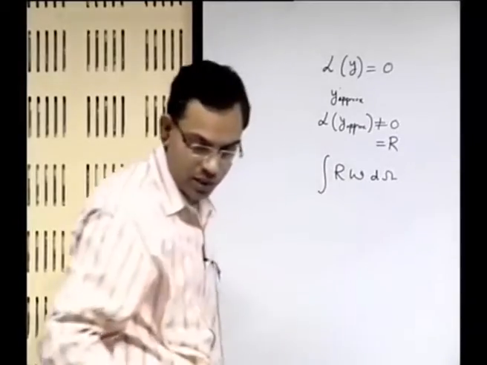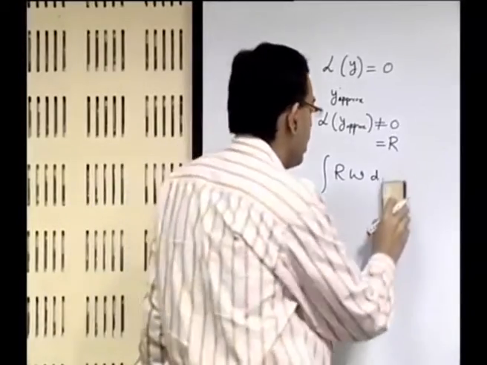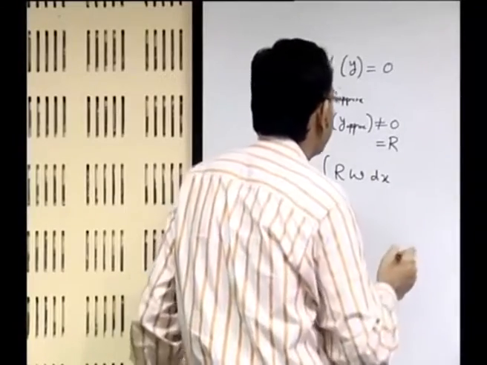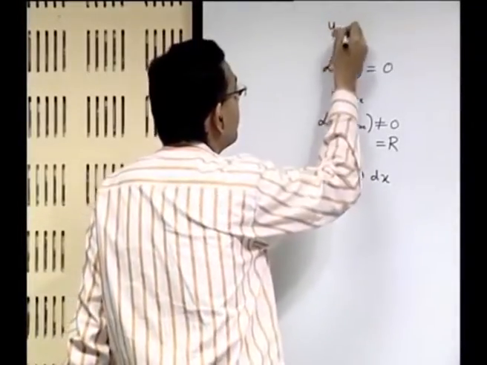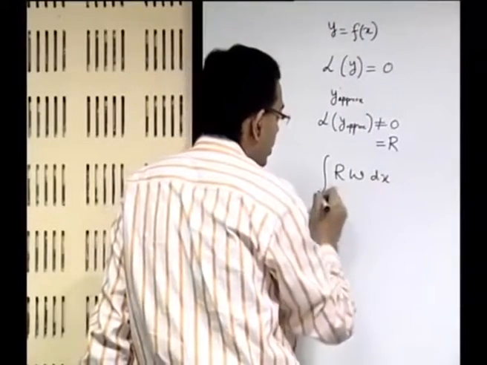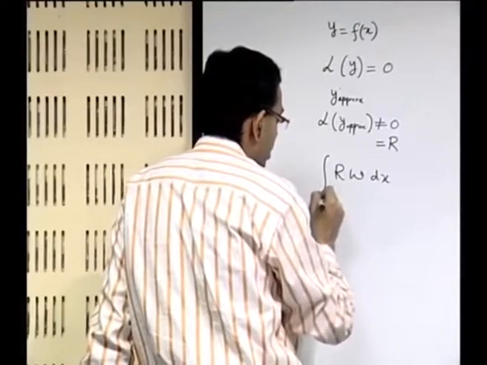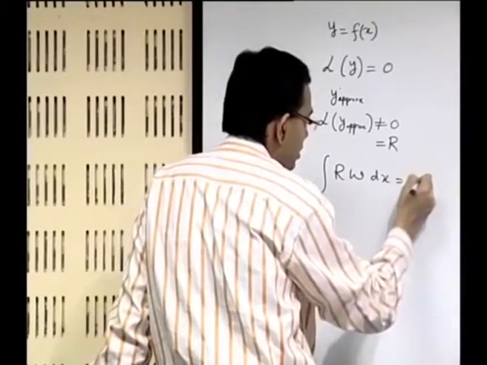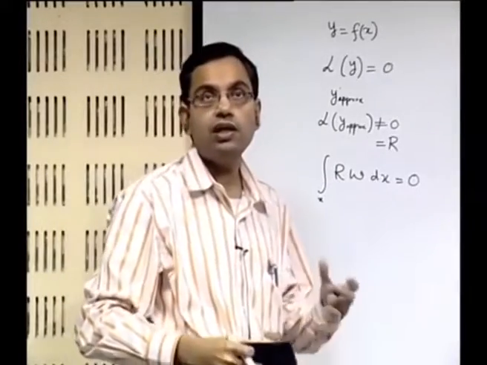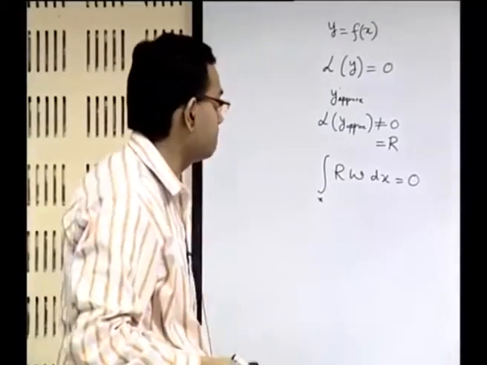So, here if it is a one dimensional problem, the domain is x where y is a function of x, integrated over the domain and this is set to 0. So, the error is minimized in a weighted integral or weighted residual sense.